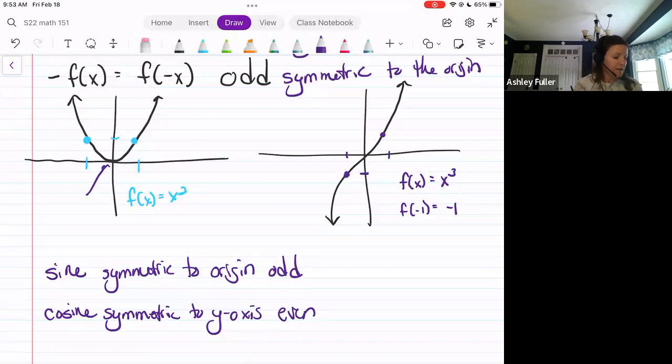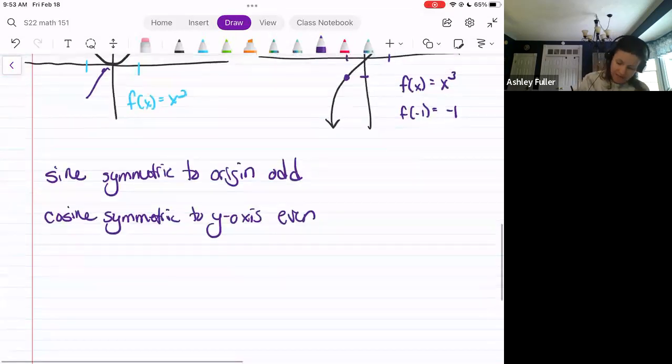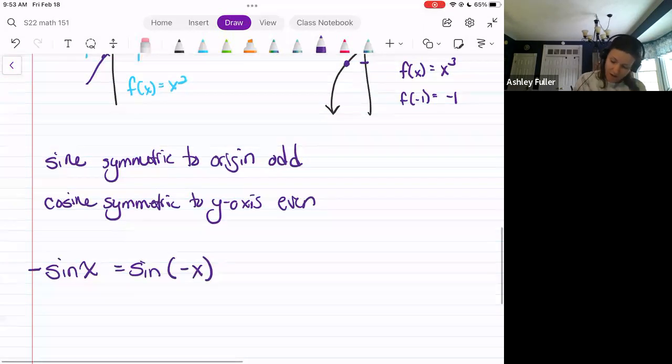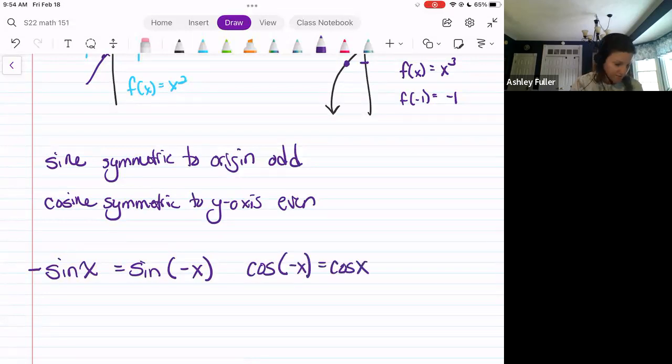What this allows us to say is that the negative sine of x is equal to the sine of negative x. Cosine of negative x is going to be equal to the cosine of x, since it's even.